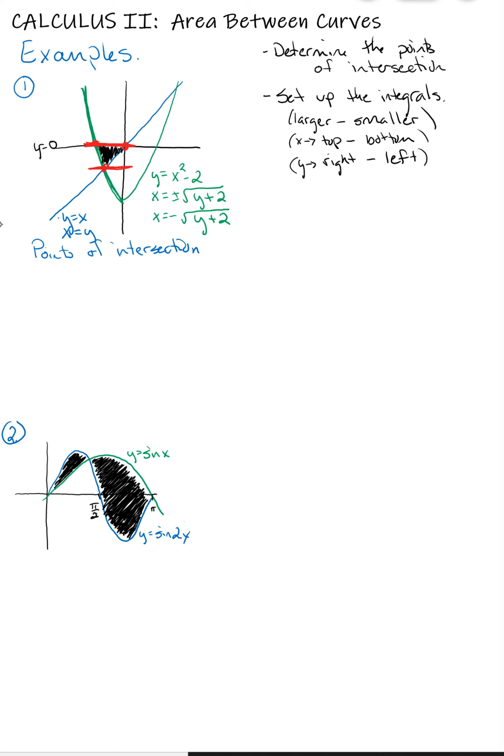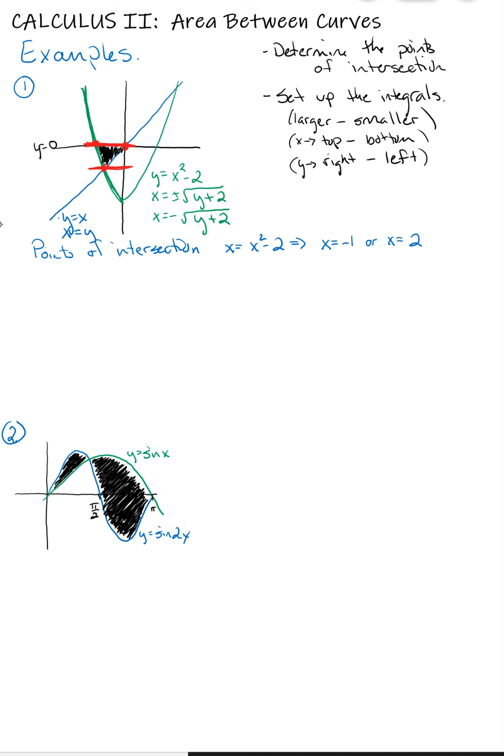You can do this either way. If you're more comfortable working with the x values, you could go back to x equal to x squared minus 2, and then solve that. By the way, solving that quadratic equation, you end up with x is, I believe, -1, or x is positive 2.